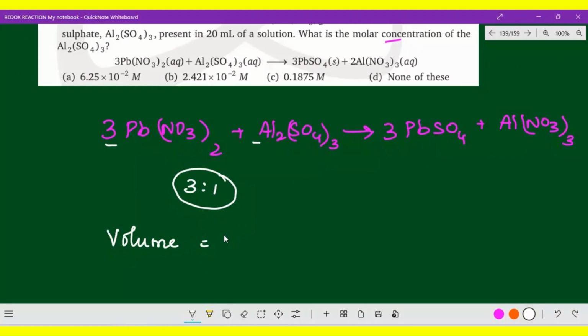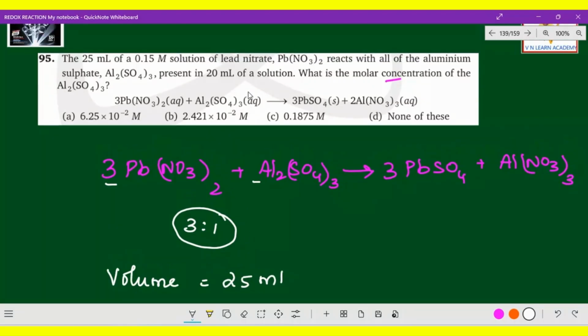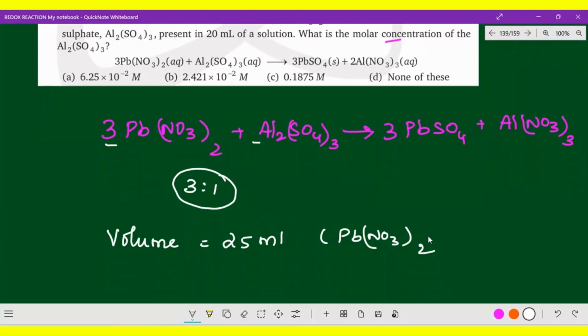How much volume have we taken? Here 25 ml of 0.1 M solution of lead nitrate, Pb(NO3)2. We converted the volume of lead nitrate into liter, that is 0.025 liter. The same way for molarity, they mention it.